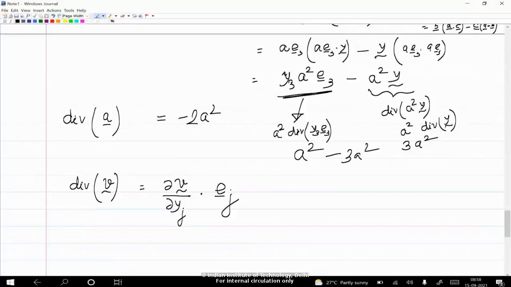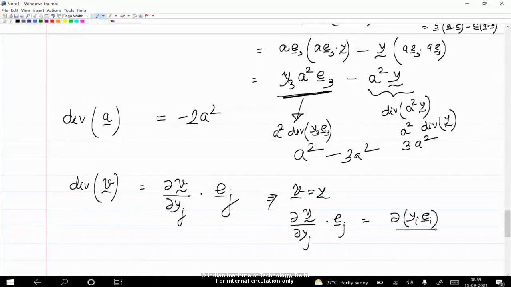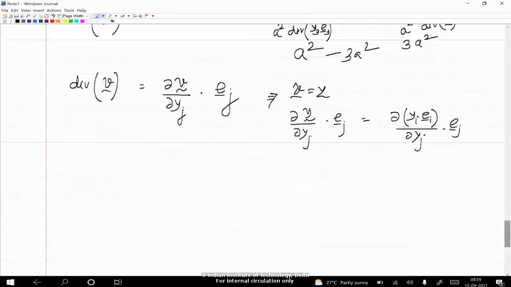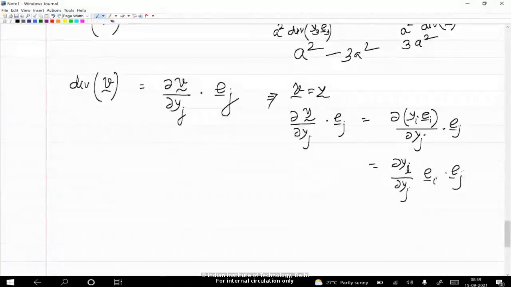So if you try to do it for, let us say, v equal to y itself, then you have del y over del yj dot with ej, and then you write y as yi ei, so it becomes del yi ei over del yj dot with ej. So this is same as del yi over del yj, ei dot with ej.